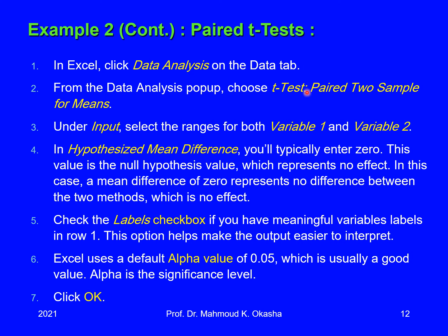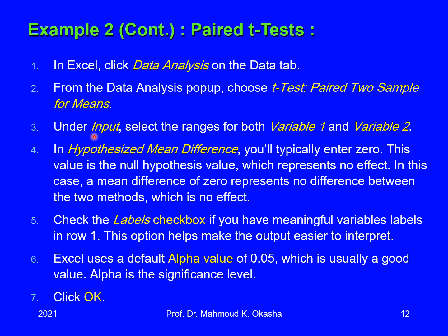So to do that, we follow the same steps here. In Excel, we click the data analysis on the data tab, right? And from the data analysis pop-up, we choose the t-test paired two sample for means.